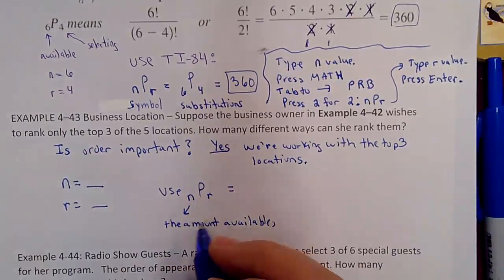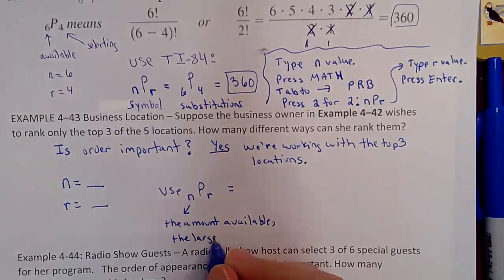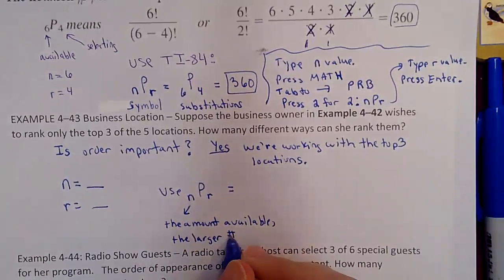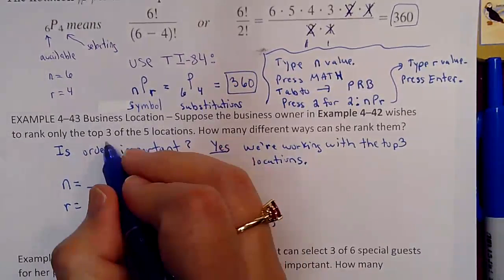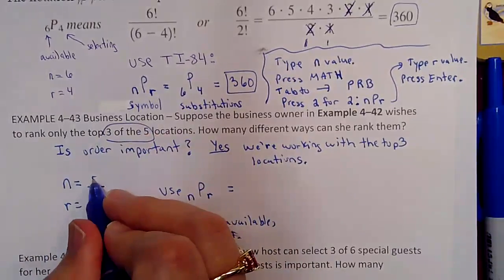Oftentimes it is the larger number. The larger number between the 3 and the 5 is the 5.